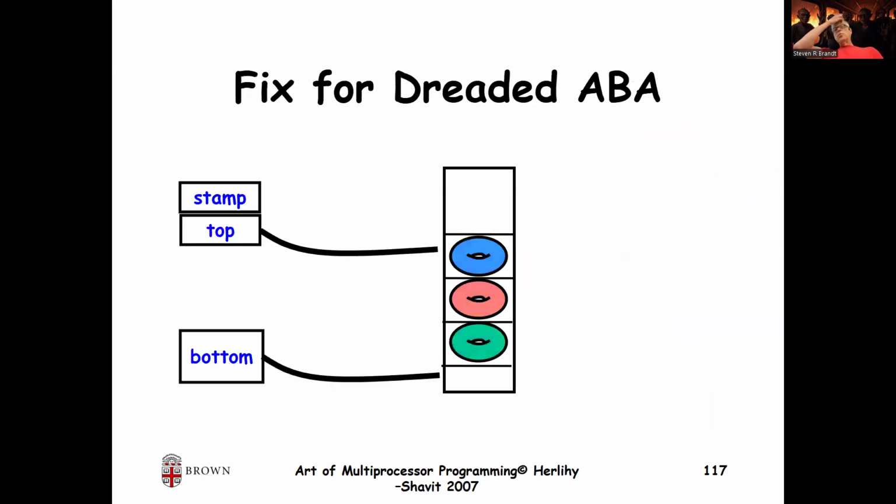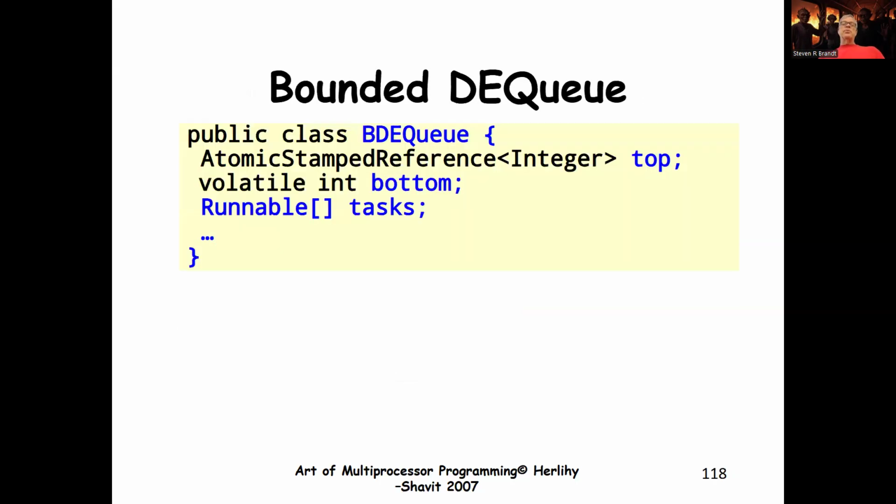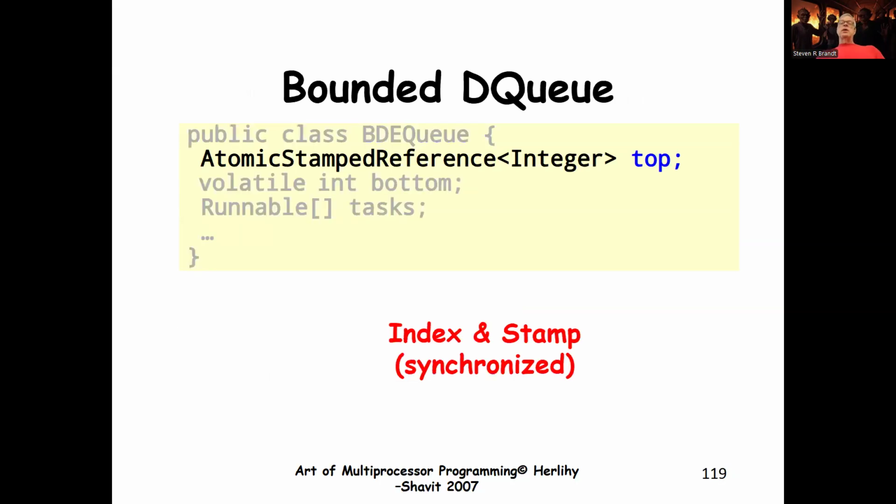And so what we're going to do to fix that is put a timestamp on everything so that we can't ever look the same if we put work in there. And what we're going to use is what's called an atomic stamped reference. So we had an atomic markable reference, which had a bit. This one is going to have an extra integer.